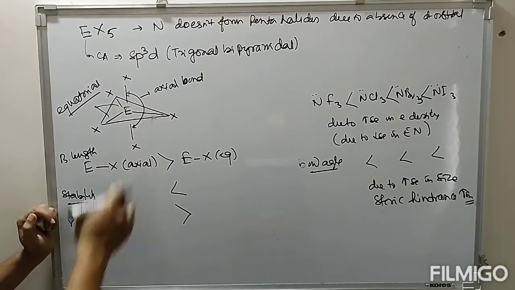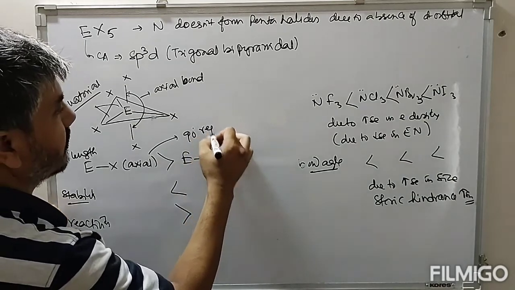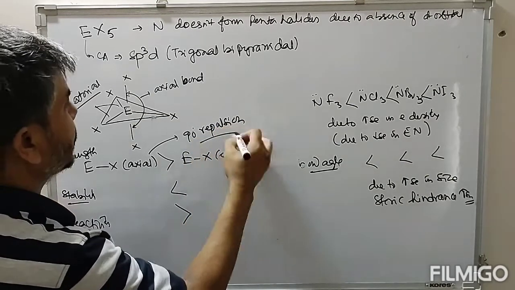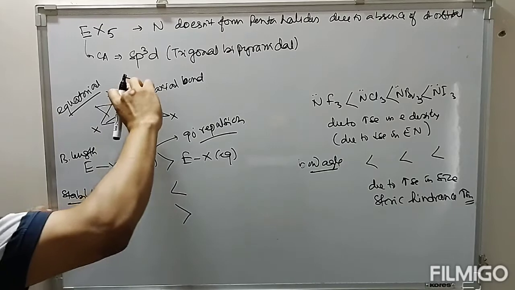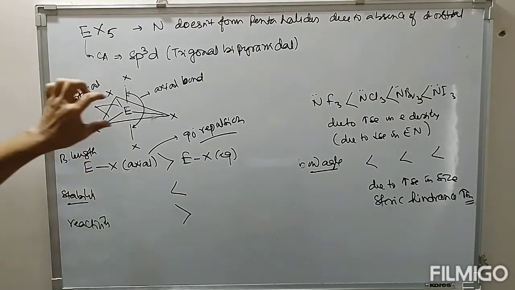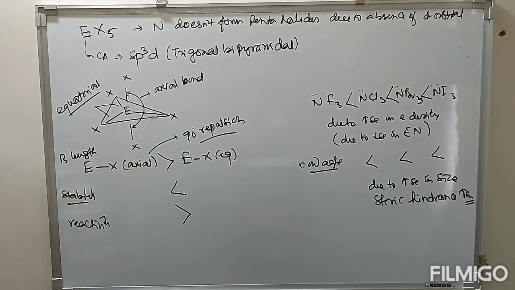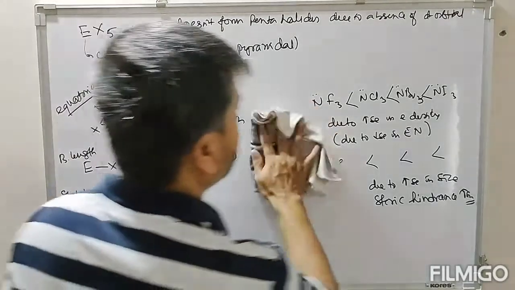This is because of the 90-degree repulsion. So look at this, these and this undergo 90-degree repulsion. Because of this 90-degree repulsion, to minimize the repulsion, this bond is slightly increased. As the bond length increases, bond strength decreases, or bond stability decreases, or the reactivity increases. So in this case, we have two types of bond, axial bond and equatorial bond.